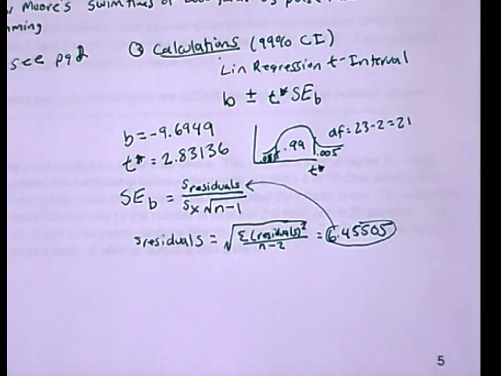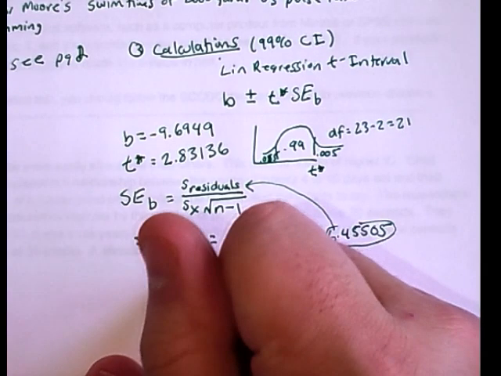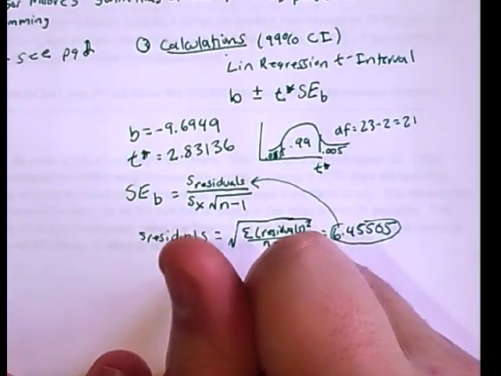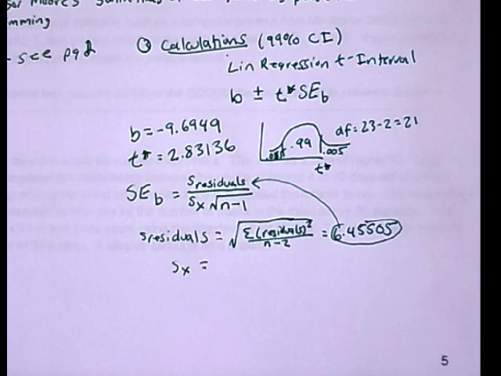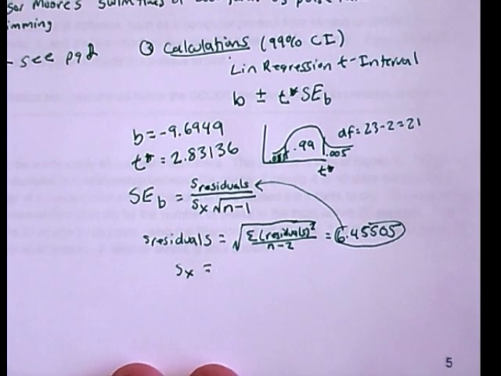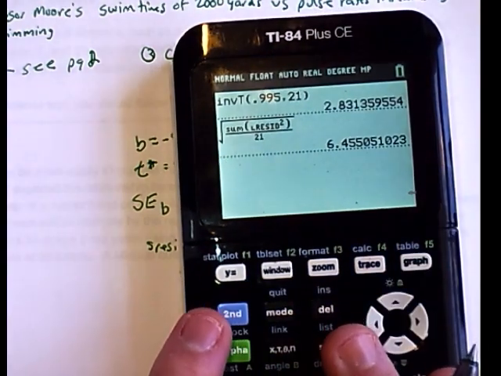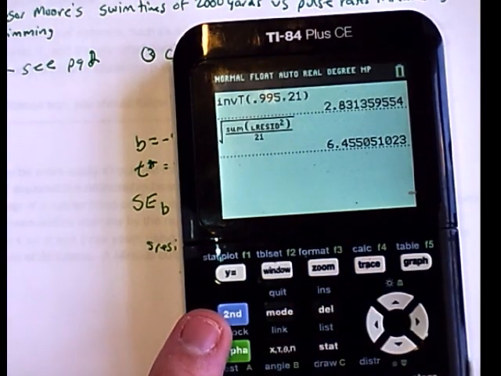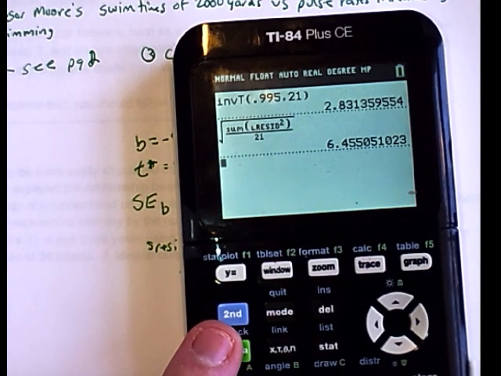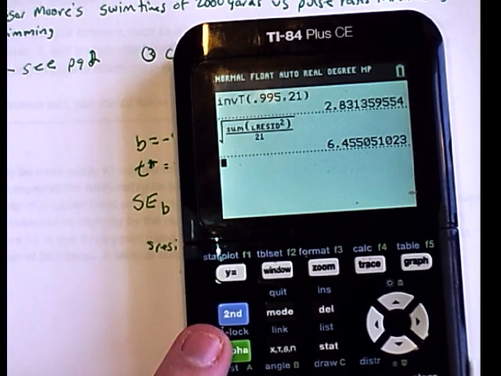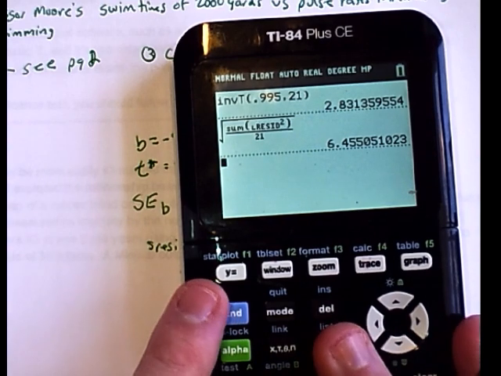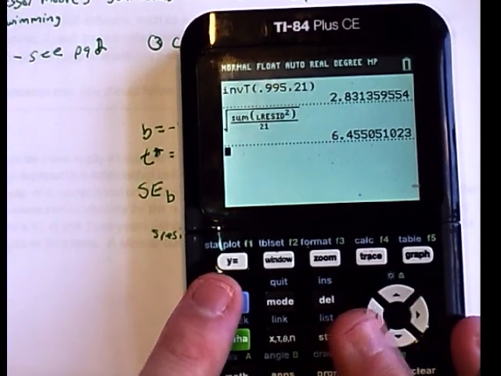But before I can get the rest of this, I also need to know what S of x is. What's the standard deviation of the x values? Or the standard deviation of the times, because remember times were in the x. So to find that, it's going to be relatively straightforward. All I have to do here is some calculations on a specific list.